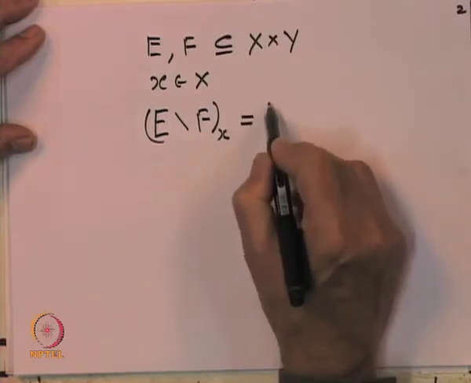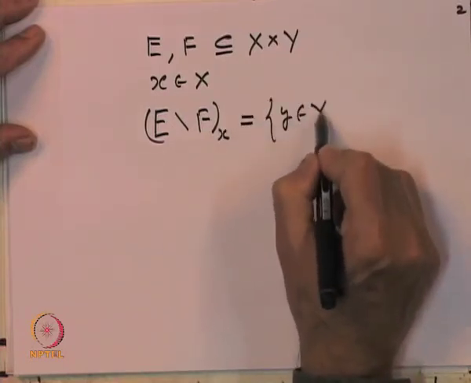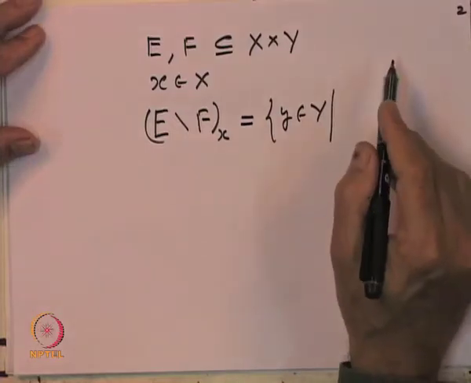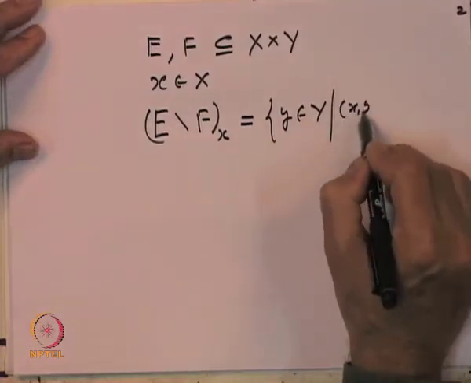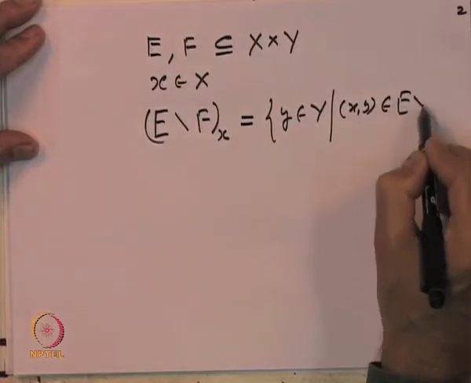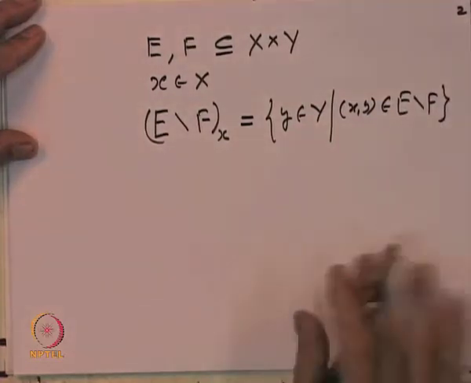By definition, this is all points y belonging to Y such that (x, y) belongs to E minus F. So what does that mean?